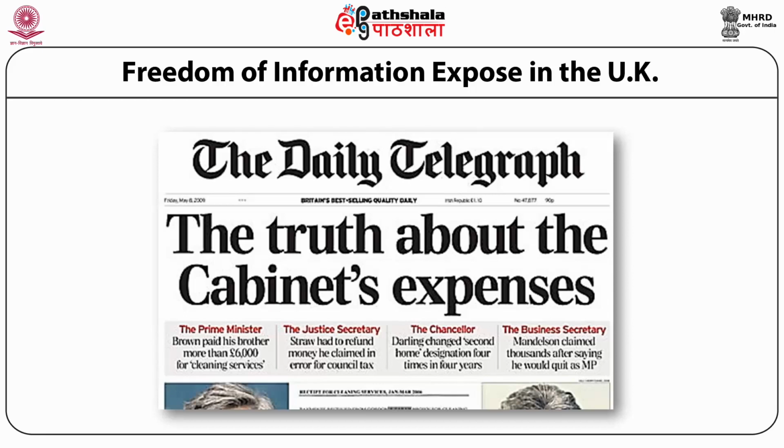This information came to light because of a freedom of information request, and that request was granted because it did not come under either the absolute exemption, the qualified class exemption, or the public interest exemption. They felt that there was a greater public interest in disclosing the cabinet's expenses because the people of the United Kingdom, the taxpayers, had a right to know what their elected representatives, what the executive, was doing with their money.